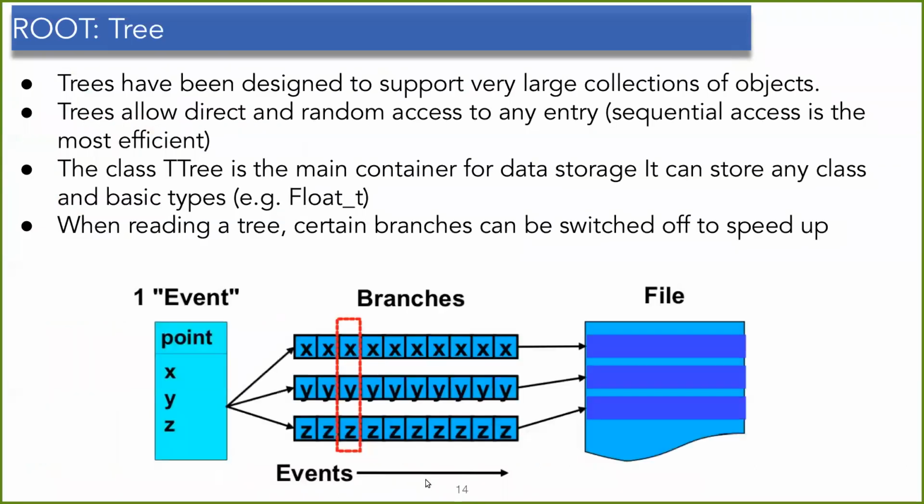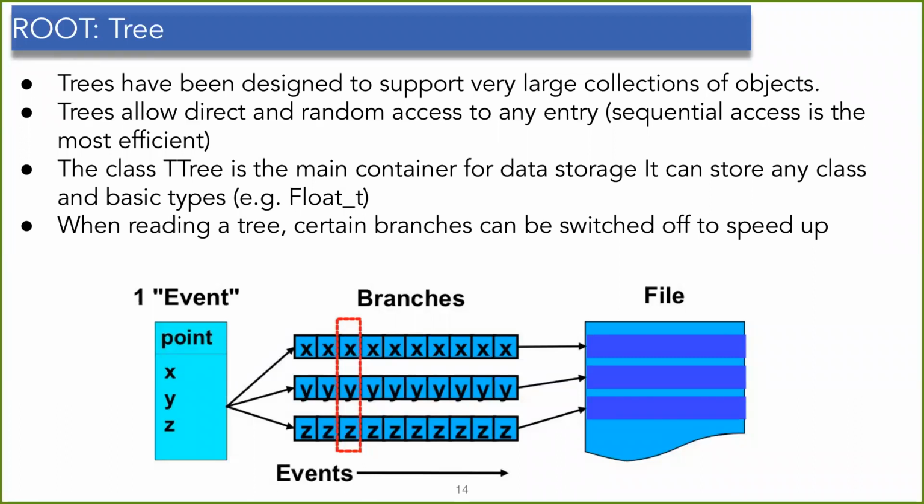Now, I will talk about the last topic, that is the tree, which is very useful in our data analysis to store the objects as well as the data. This tree has been designed to support very large collections of ROOT objects, and the usefulness of the tree is that it allows us to access the entry directly and also randomly.